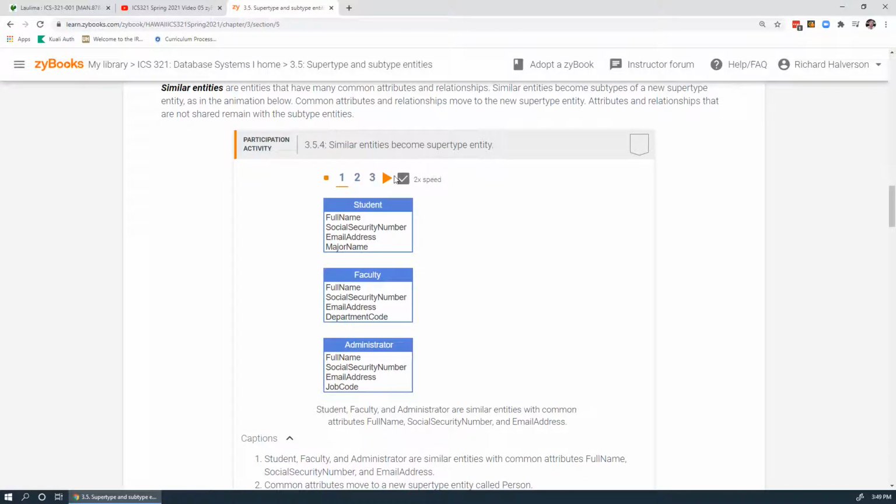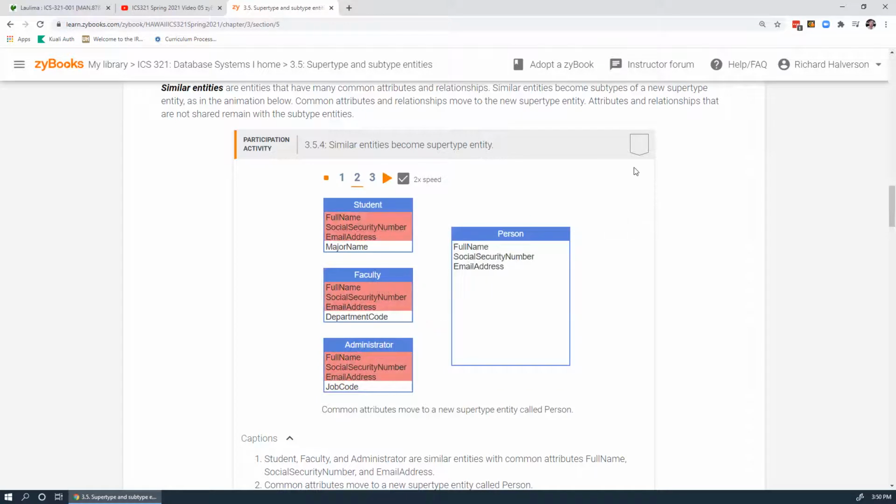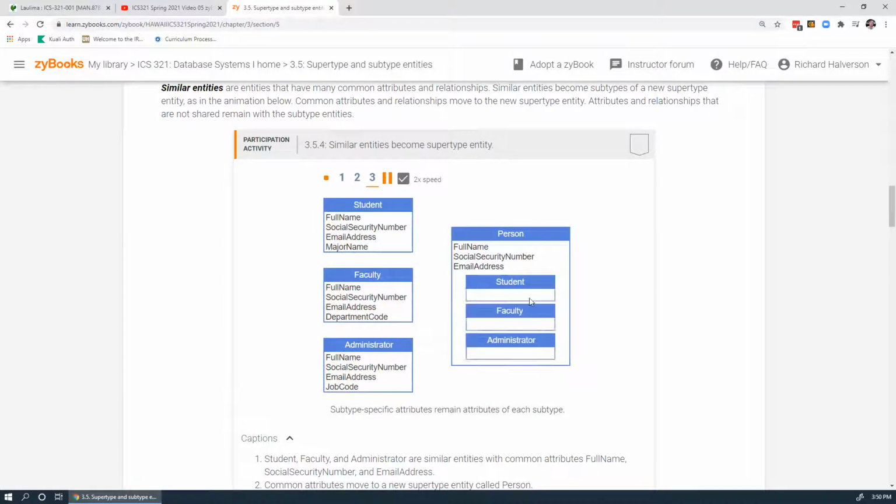So what you can do is define a supertype that has all the common fields, and then define subtypes within the supertype, like this.